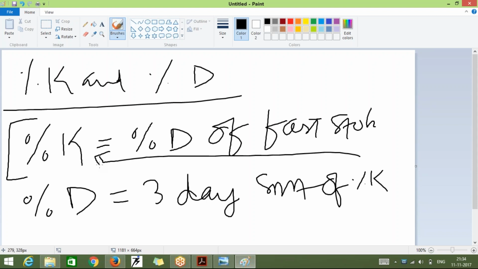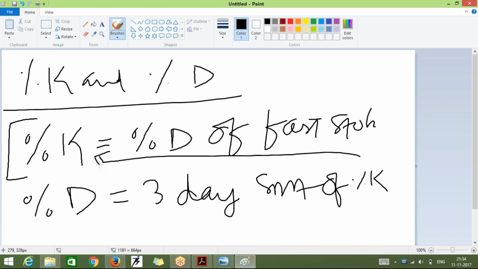So first we have percentage K, which is already smoothened, and percentage D, which smoothens it more. In total we get a smoother stochastics in slow stochastics.